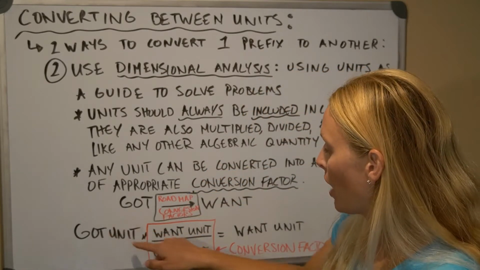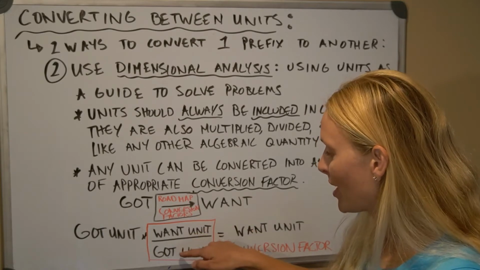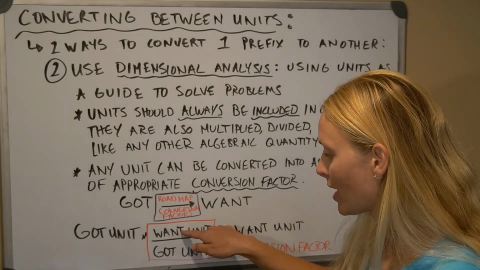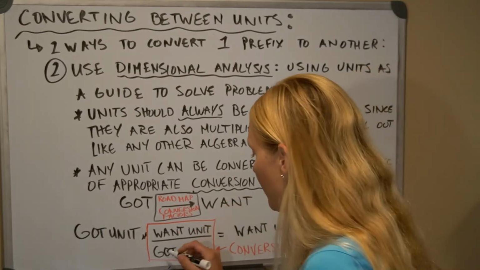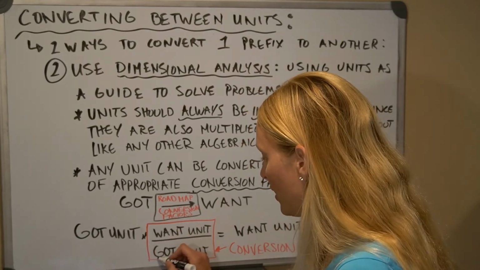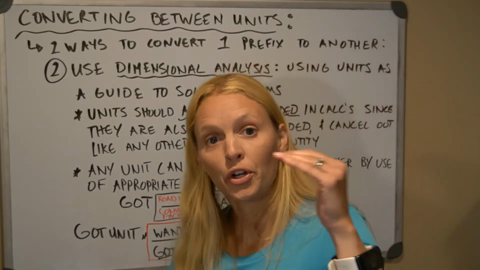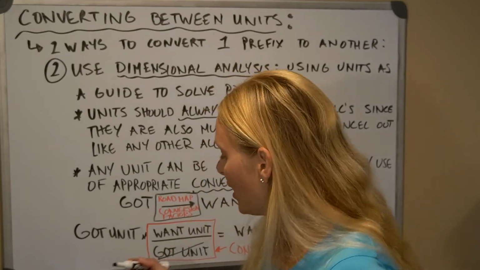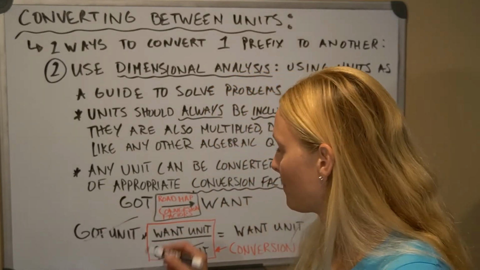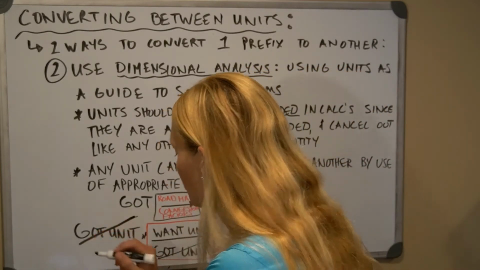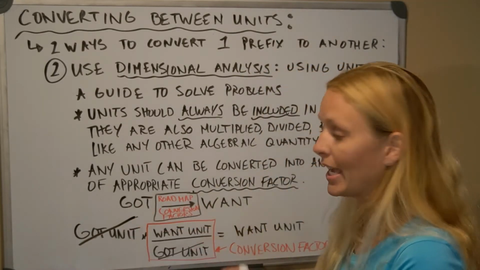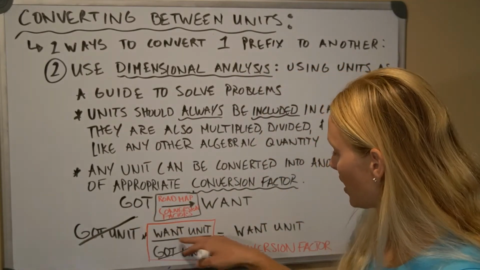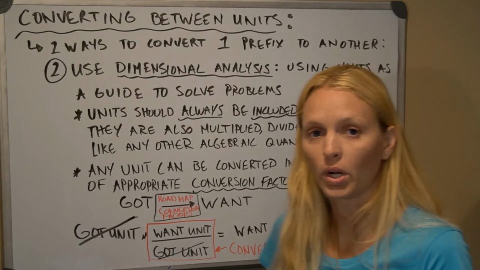Okay, so I'm going to put the got units on the bottom and the want units on the top. So then this is like a got over a got, which is like 1 over 1 or 10 over 10, okay? And when you multiply that, it's equal to 1, and so then they cancel out. So those cancel out, and I end up with my want units.